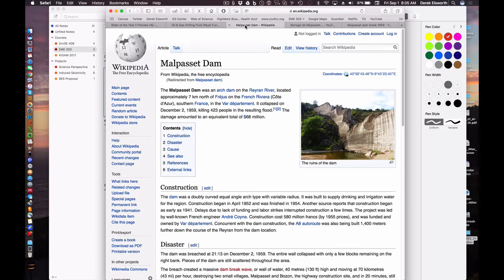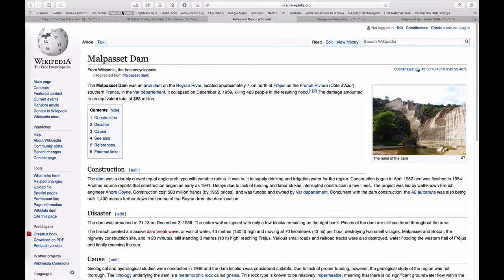Another one, maybe related to Hurricane Harvey, Tropical Storm Harvey, is related to the safety of dams. Some of the dams in and around Houston have started failing, not in the same way as this, but have been overtopped and have eroded.